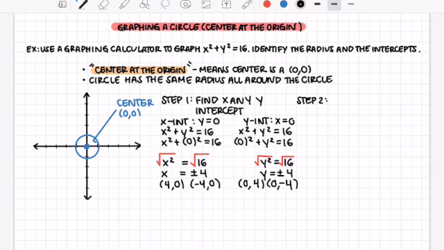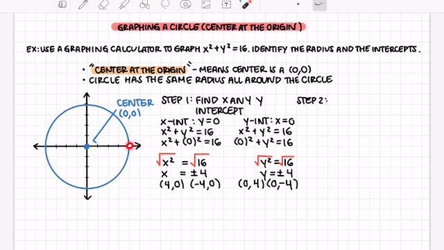And we can actually graph that out first. So from this graph here, I'm going to make sure that my circle is going all the way out to all the 4s. So we have here 4, 0, negative 4, 0, 0, 4, and 0, negative 4. Cool.